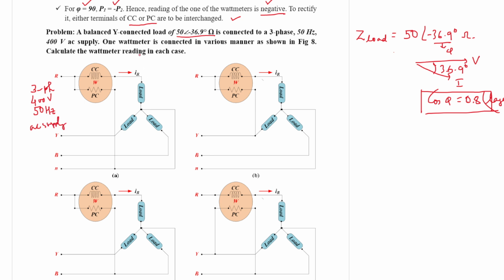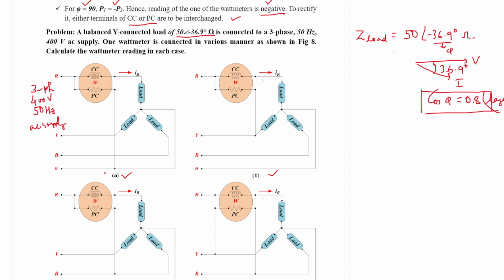Now the problem statement is that one wattmeter is connected in various manners as shown in figure 8. So we have 4 sub figures in figure 8, that means sub figure A, B, C and D, where different wattmeter connections are shown.